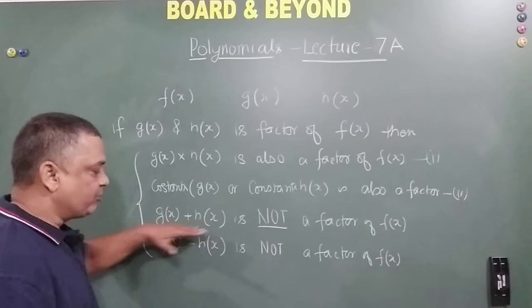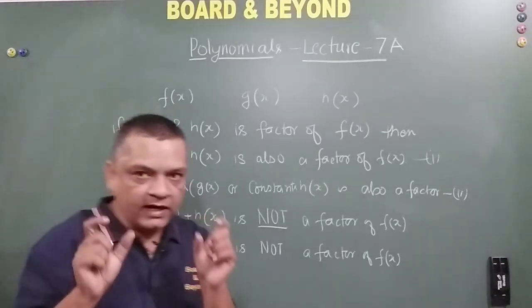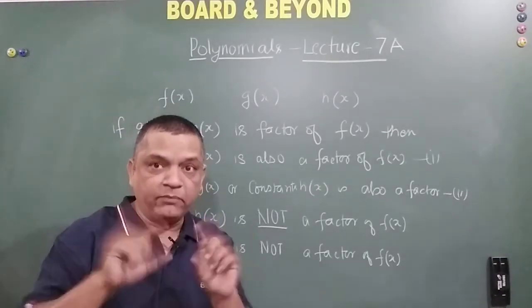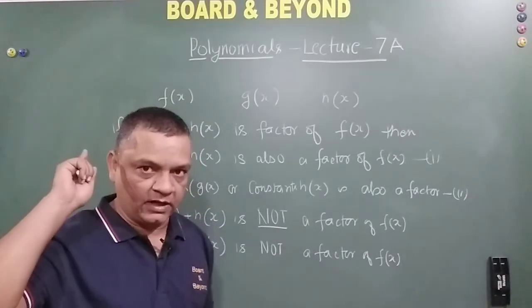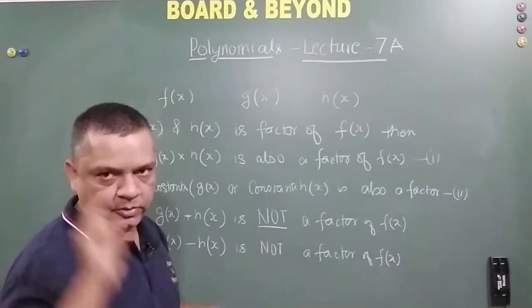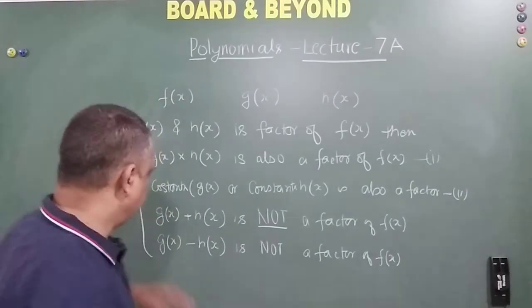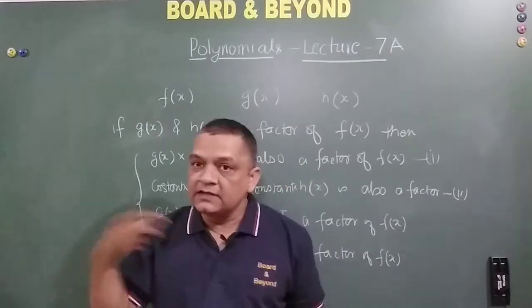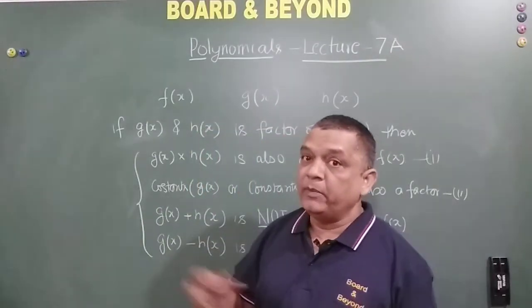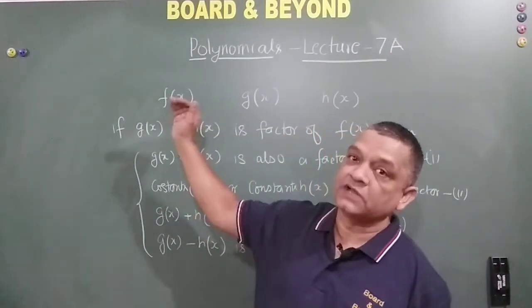Then g of x plus h of x, that means when you add the two factors, it may or may not be the factor of the original polynomial, right? May or may not be, generally not. If you subtract the two factors, then the resulting polynomial may or may not be a factor of the original polynomial.